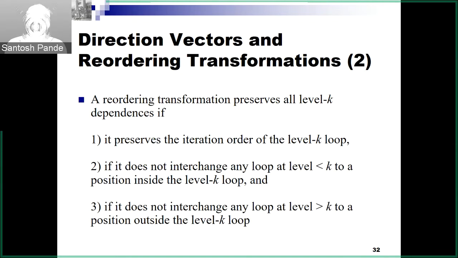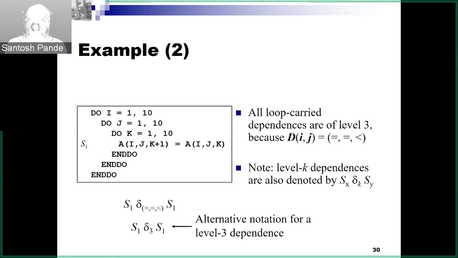And this would be the case in this previous example that we saw, here is the level 3 dependence, which is really the loop's source of dependence.